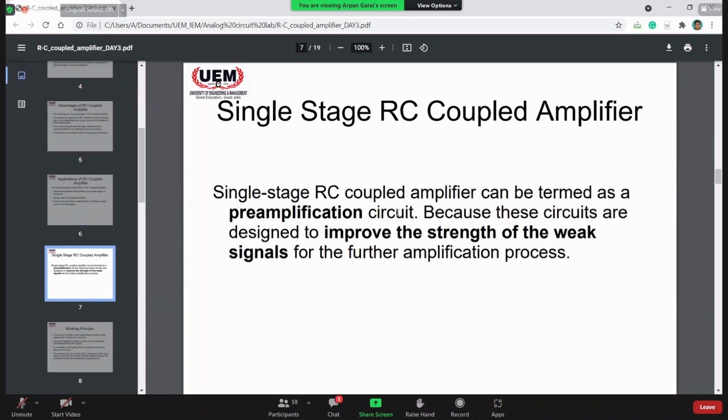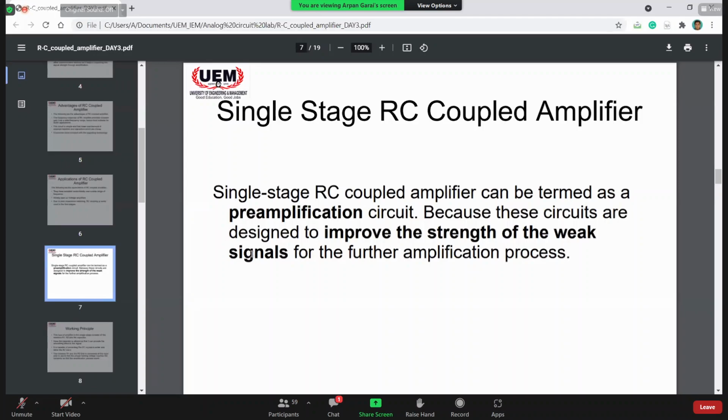These circuits are designed to improve the strength of weak signals for further amplification process.